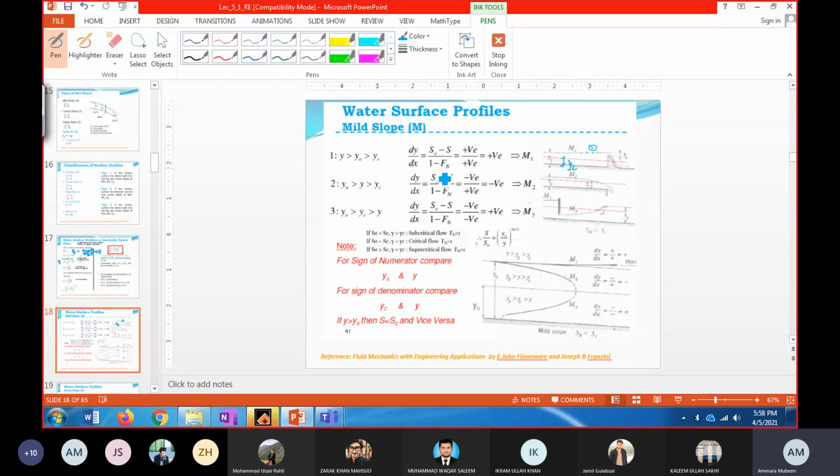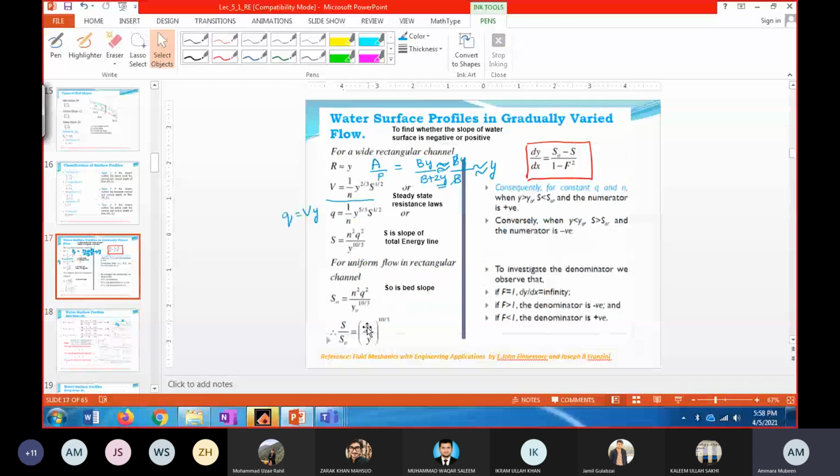Let's check the sign of dy by dx in that. S naught minus S. So in that case, why is it positive? Because you have to check the value of y and y naught. If y is greater than y naught, then what about S and S naught? Just check the equation again.